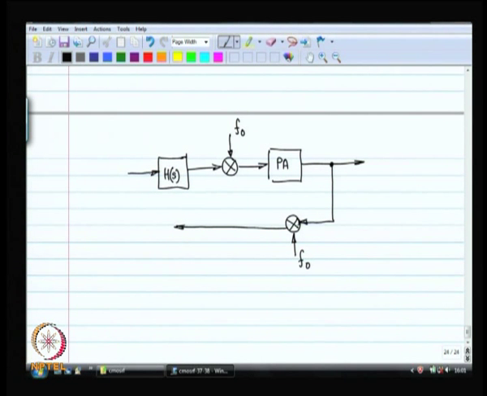H of S is an integrator over here. I forgot to put the 1 by A portion over here.